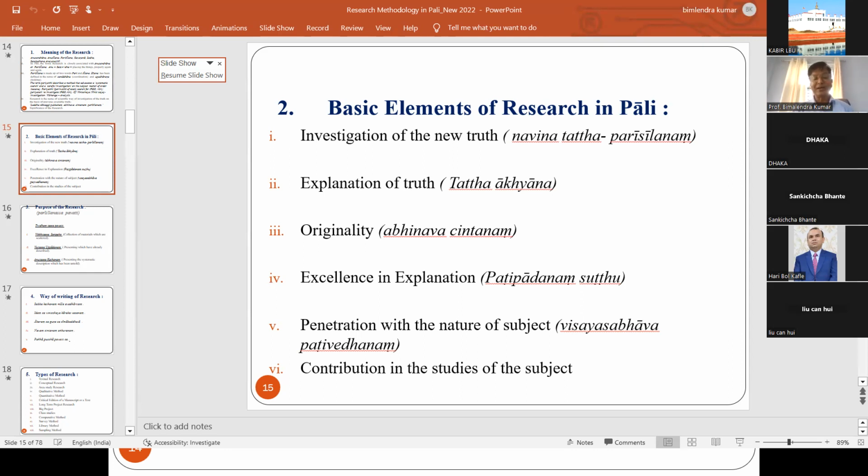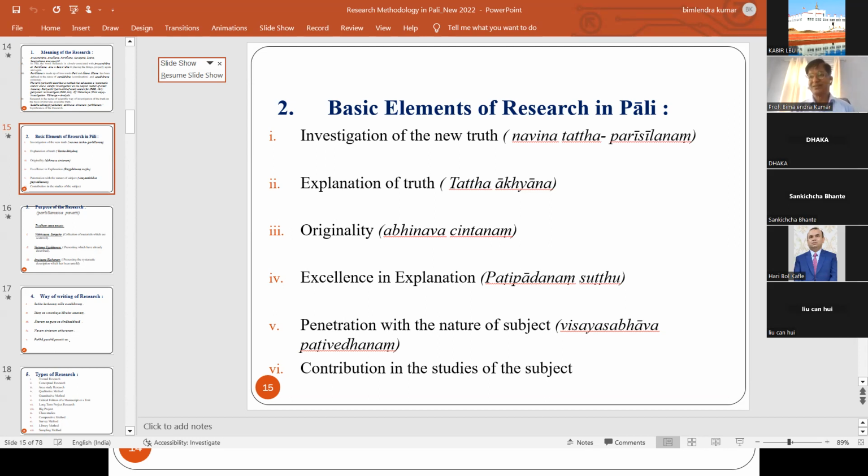So there are five aspects which are related with the elements of research. That is the Parisilan, Anusandhana, or Anusilan. So the first element which is related with our research is Navinatata Parisilanam.